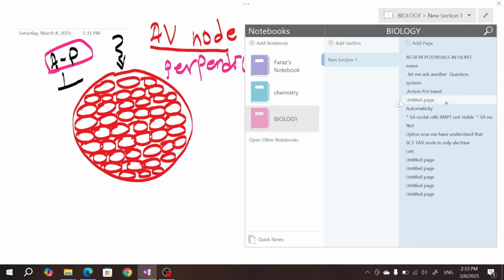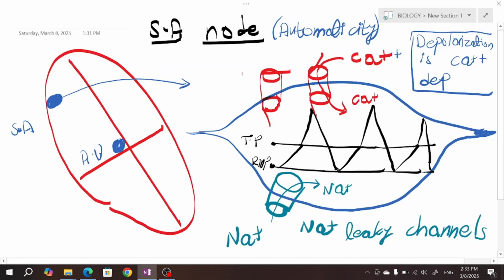Now comes automaticity. We know the SA node is the pacemaker of the heart. Why is it the pacemaker? Because it has the speciality of automaticity.